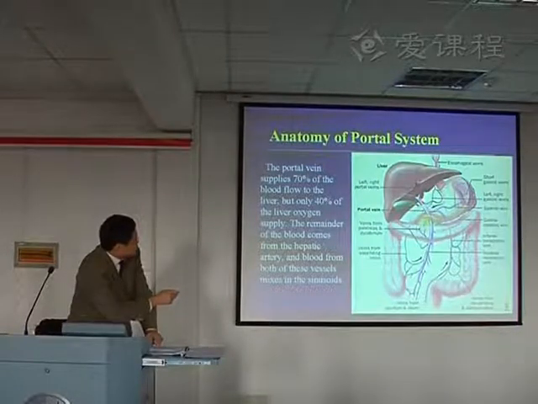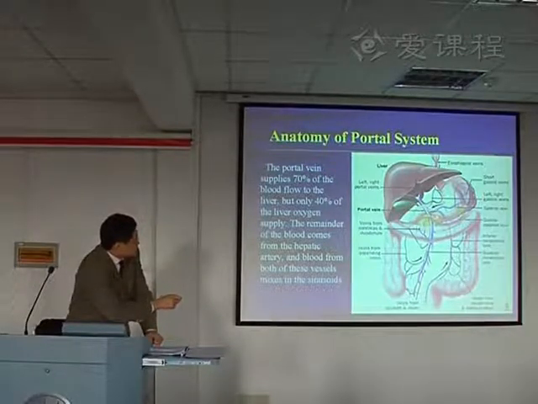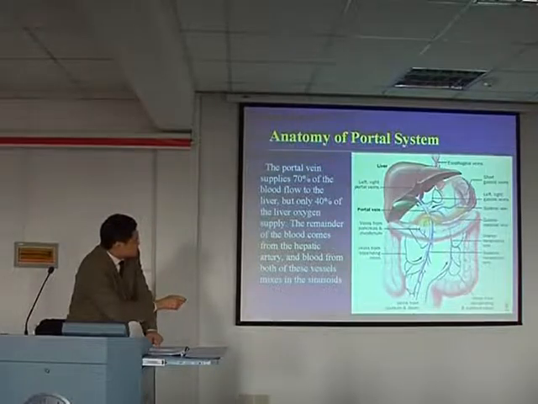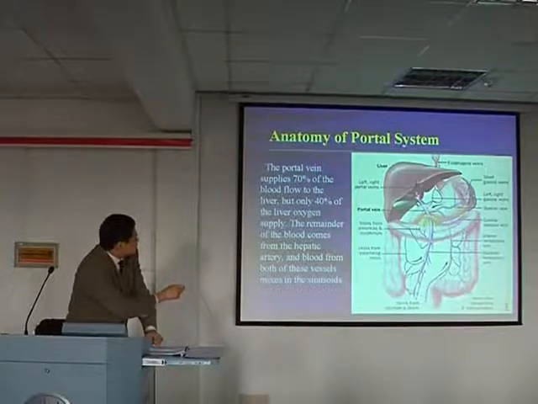This is the portal vein, and the splenic vein, and the inferior mesenteric vein, and the superior mesenteric vein, and the splenic vein. About this is the portal vein.